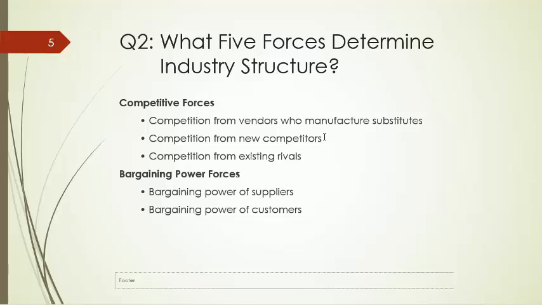Now, in terms of bargaining power of suppliers, let's say you get all of your items from the same supplier, or there's only one supplier that can supply the items that you need.